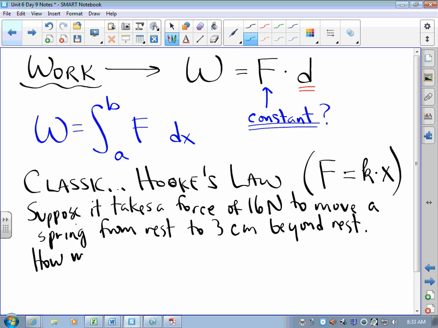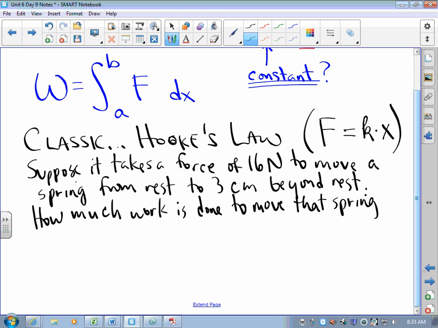How much work is done to move that spring from rest to 6 centimeters beyond rest?